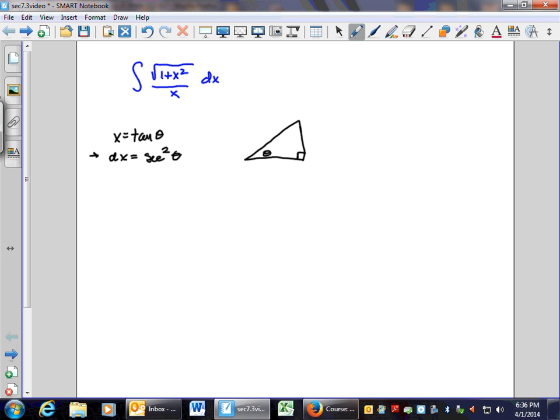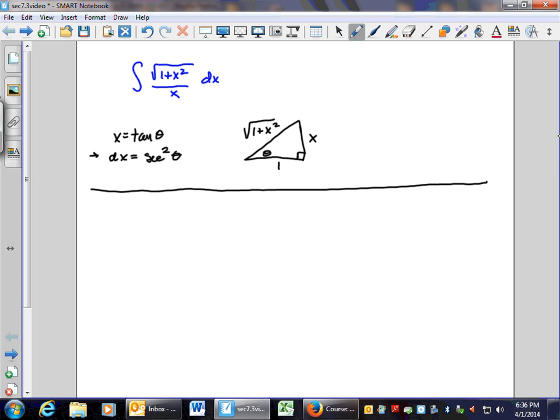But anyway, the tangent of theta is x, which we can write as x over 1, opposite over adjacent. And the hypotenuse then would be the square root of 1 plus x squared by the Pythagorean theorem. Okay, so now we are ready to not only integrate, but also at the very end, when we go back from theta to x, we've got our triangle in place.